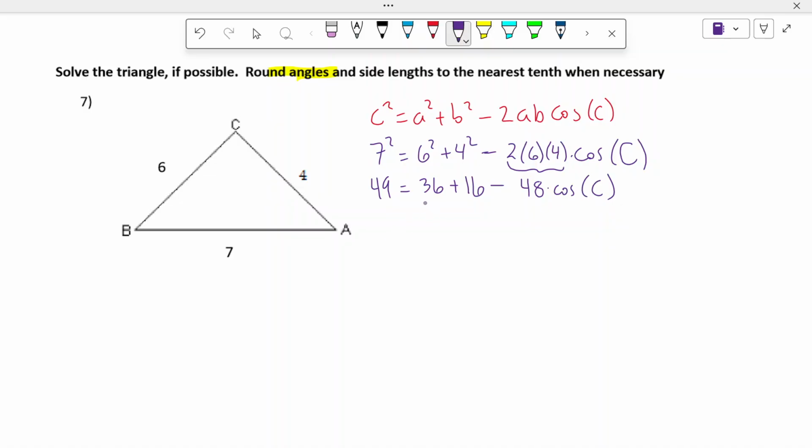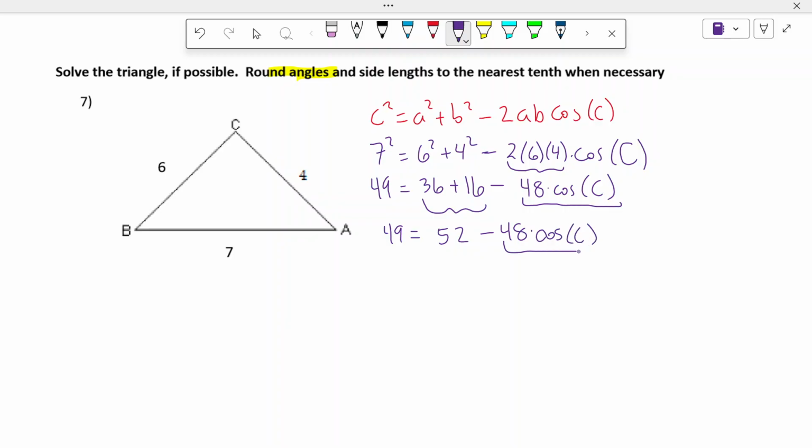The next bit of math I should do is we can add these two together, but we can't subtract because this is stuck together with multiplication. Don't mess that up. That's the common mistake. So I'm going to add that together. What is that, 52? Again, I can't do the subtraction because this is still stuck together with multiplication.